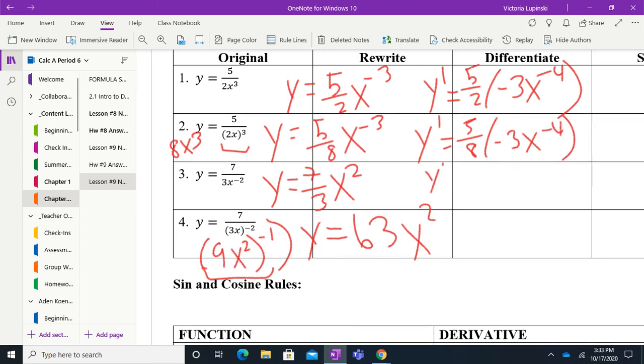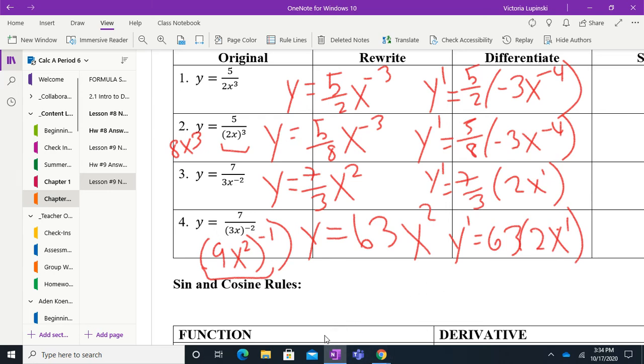For number 3, y prime is going to be equal to, leave the 7/3, and then you're going to bring down the 2, and x will go to the 1 less power. And here in the last one, you're going to leave the 63, bring down the 2, and again, x to the 1 less power.